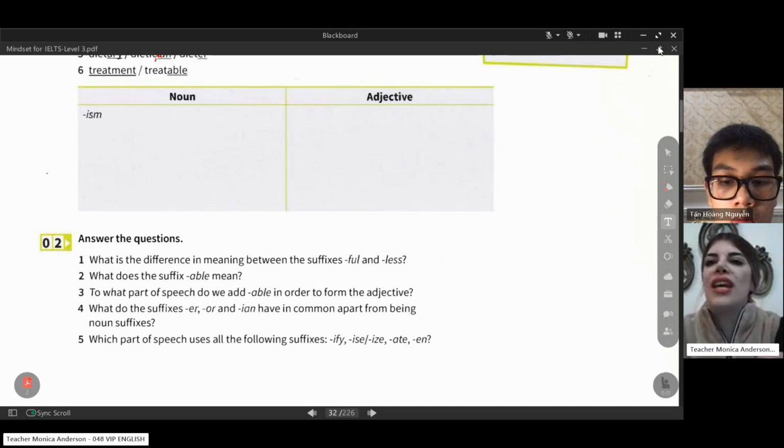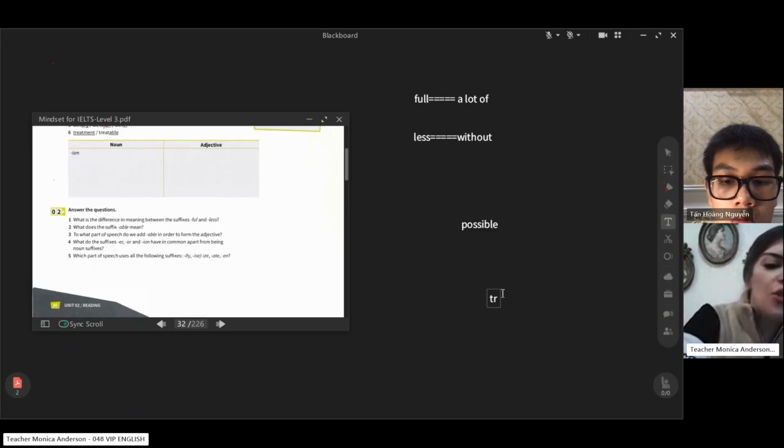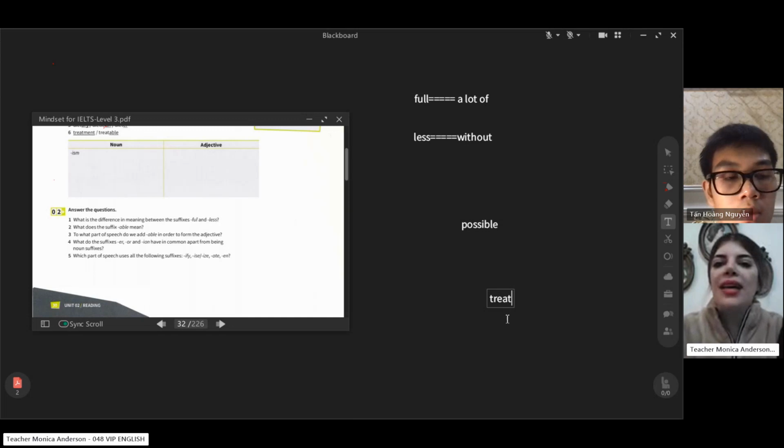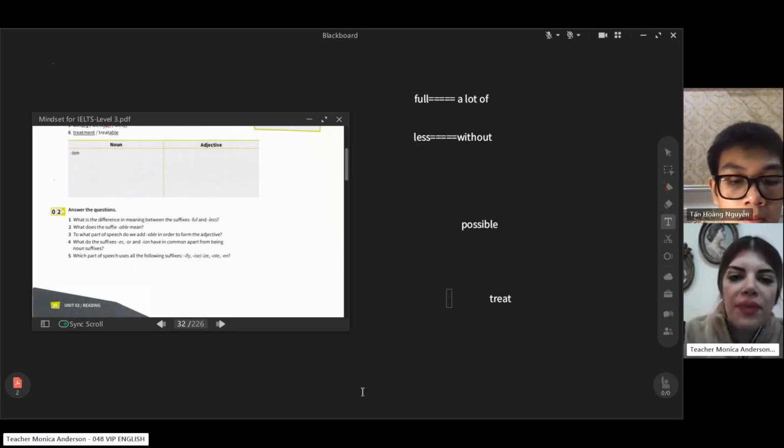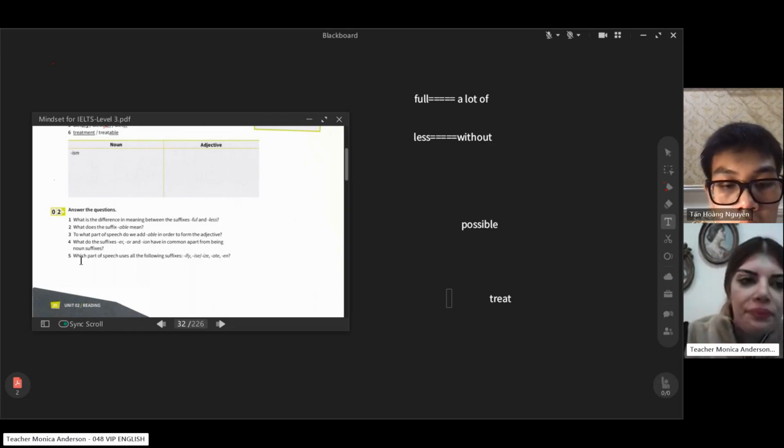For example, treat. Treat is a verb and treatable is an adjective. So able should be added to a verb to make an adjective.